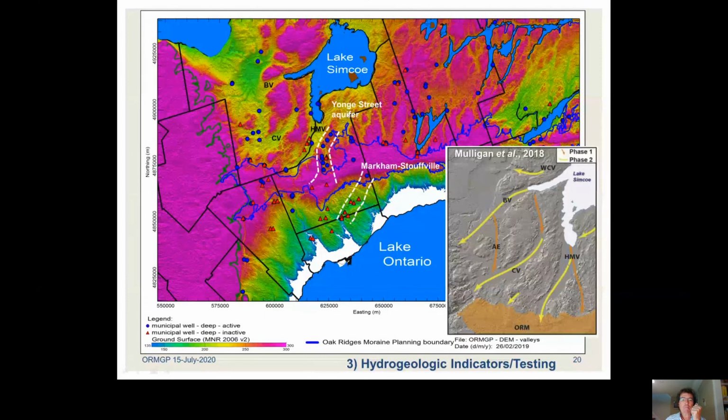There have been some analyses along the Yonge Street Aquifer. All these blue lines are municipal wells that have informed us that perhaps we need to refine our conceptual model. There was a major construction project in the mid-2000s where sewer work was being conducted, and these orange triangles are former municipal wells from the 70s and 60s.